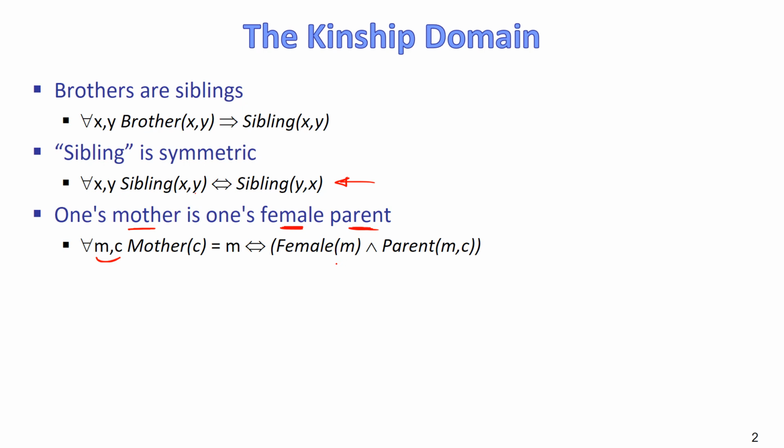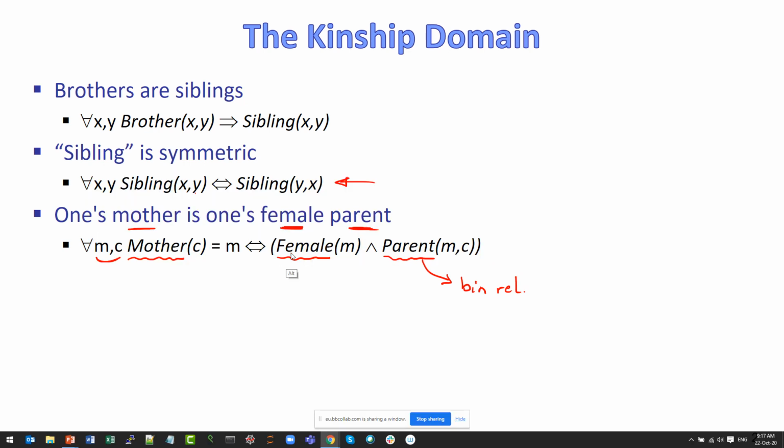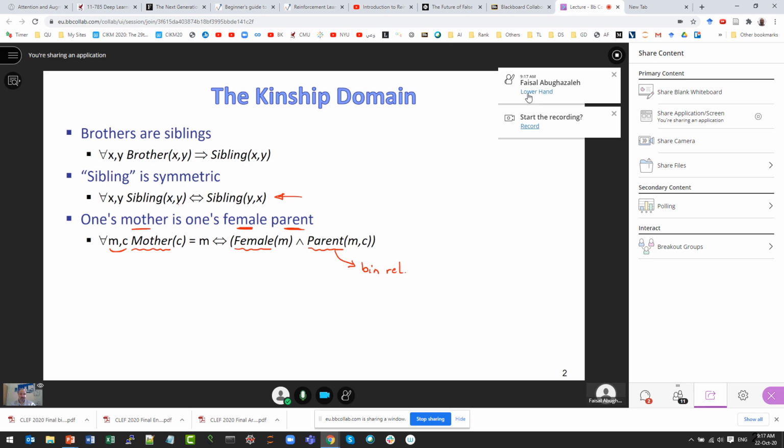Okay, now look at this sentence and tell me what is mother and what is female, and what is parent. We said that parent is a relation before, right? So this is a binary relation. We said that already. How about mother here, and how about female here? Faisal?